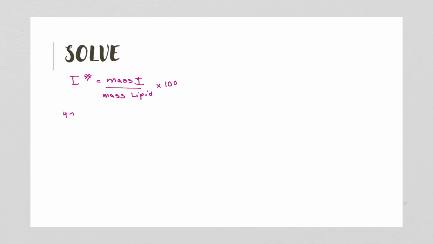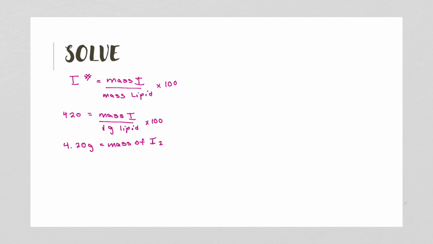We know that 420, the iodine number, equals the mass of iodine over 1 gram of lipid, times 100. If we divide 420 by 100, that gives you the mass of iodine in 1 gram. So the mass of iodine is 4.20 grams, and that's iodine as I2.